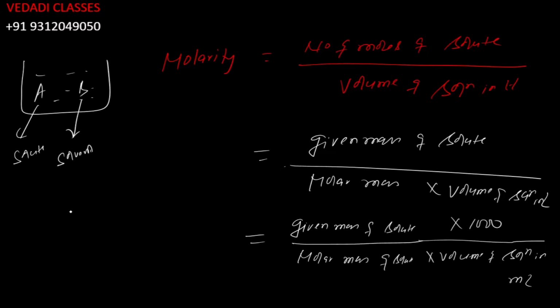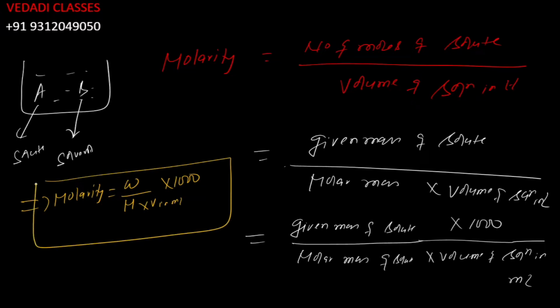Simply, molarity is equal to given mass w, molar mass M, volume V in milliliter, into 1000. So this is the formula of molarity.